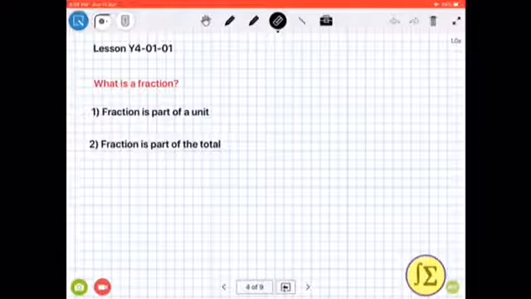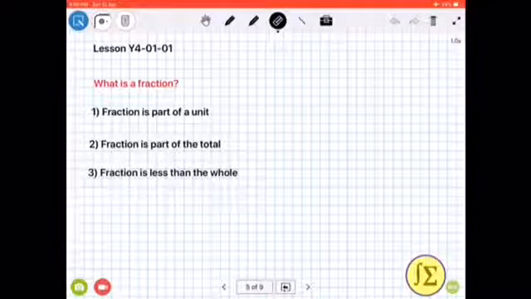Let's say you have a bag of oranges and you pick out 3 oranges from that bag. Those 3 oranges are a fraction of the total number of oranges in that bag. In both cases, we have to understand that a fraction is always less than a whole or less than the total.